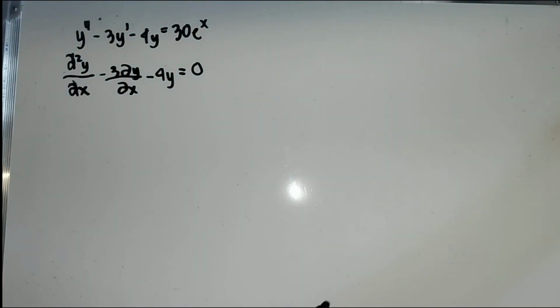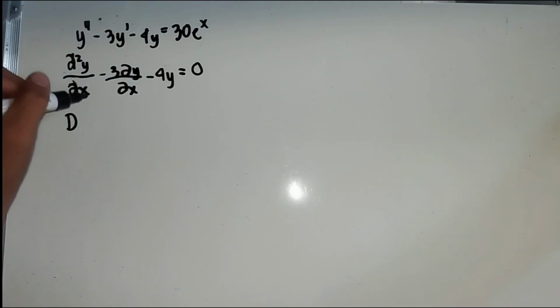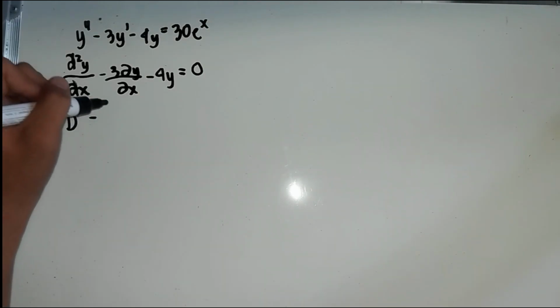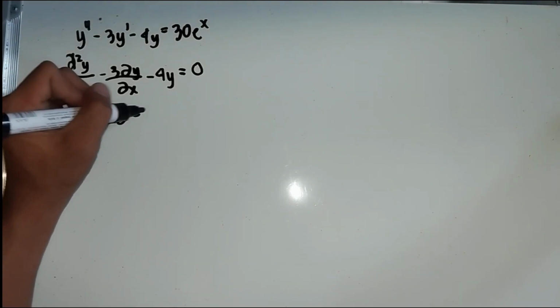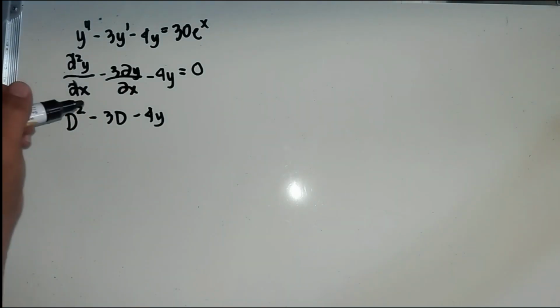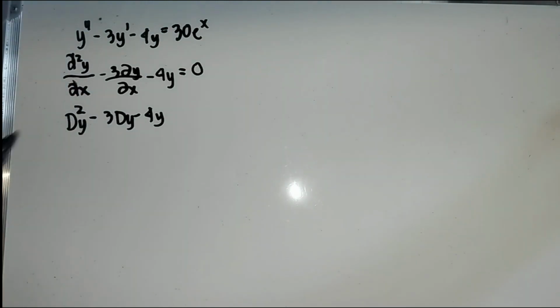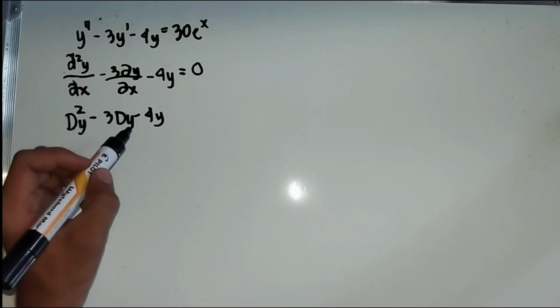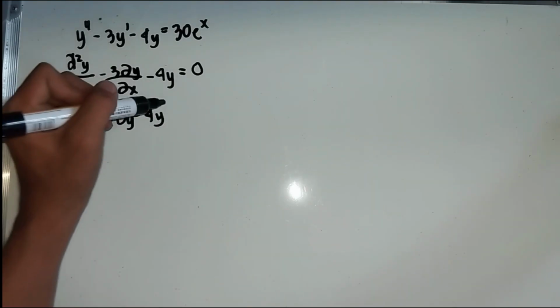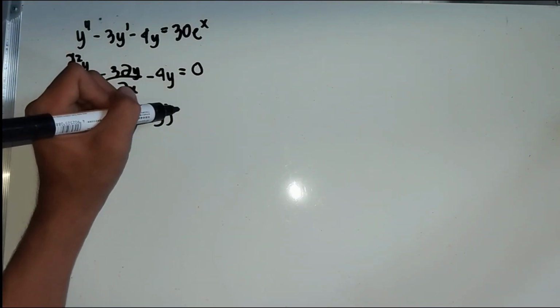In order to make it an auxiliary equation, these terms become d squared y minus 3dy minus 4y is equal to 0.